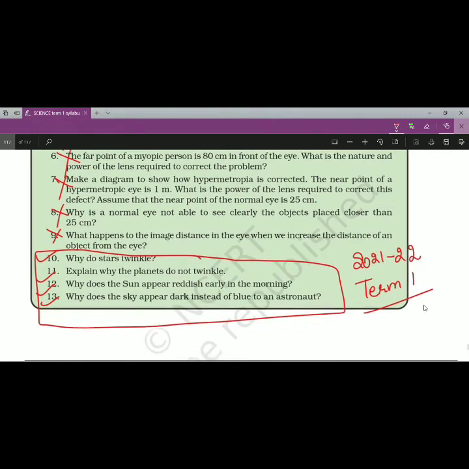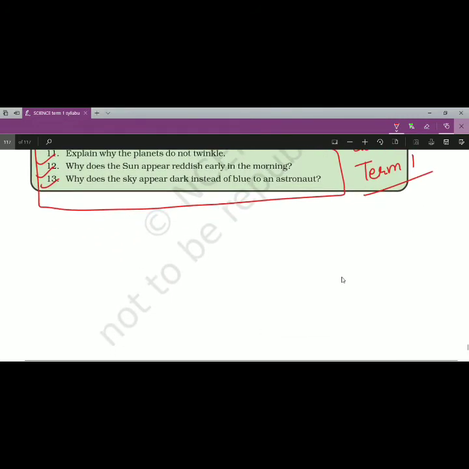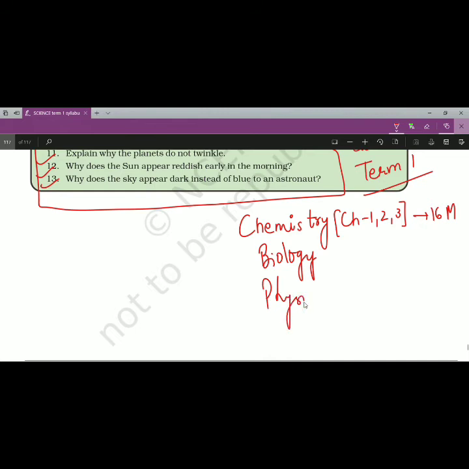So that's all about your syllabus. And chemistry portion, that is chapter 1, chapter 2 and chapter 3, consists of 16 marks. Biology and then physics, chapter 10, 11, chapter 6.